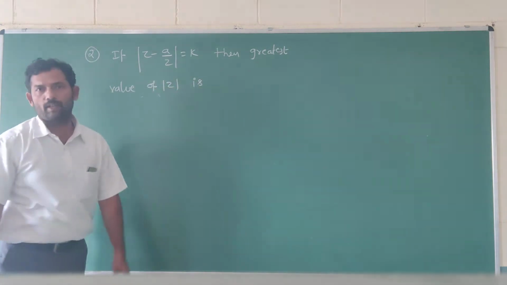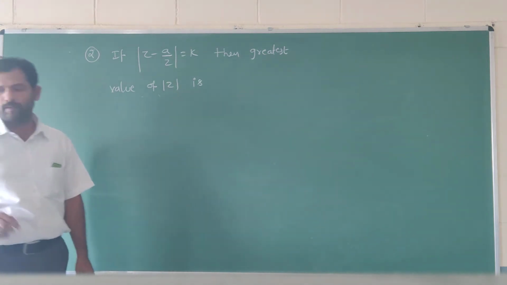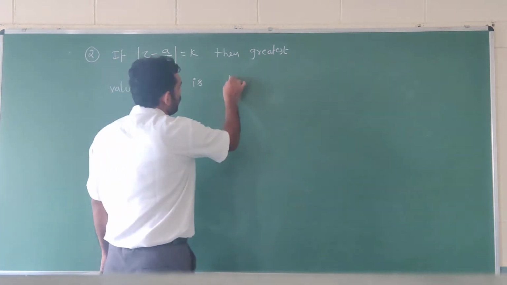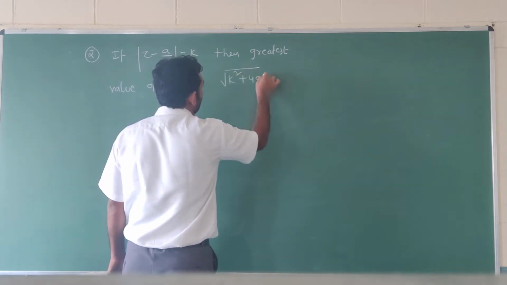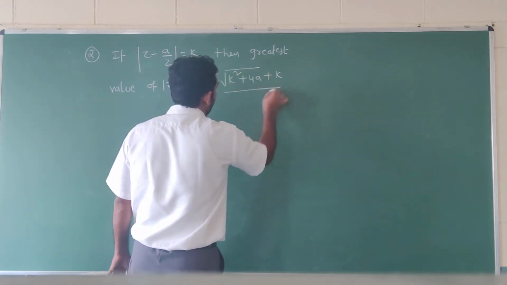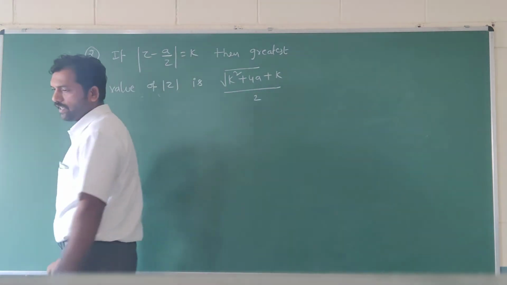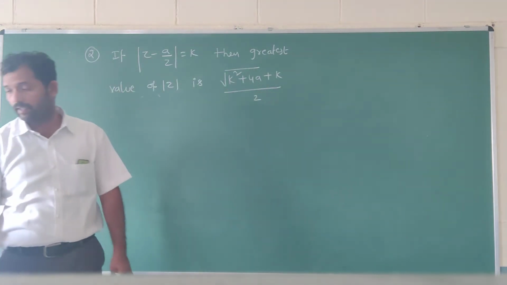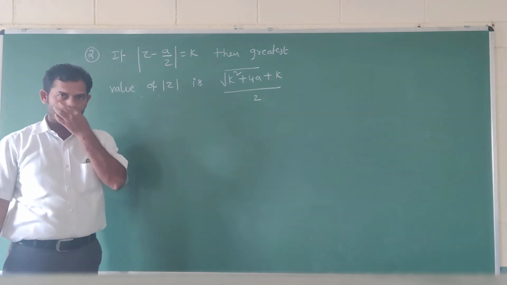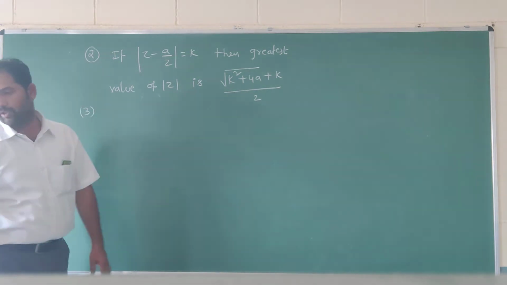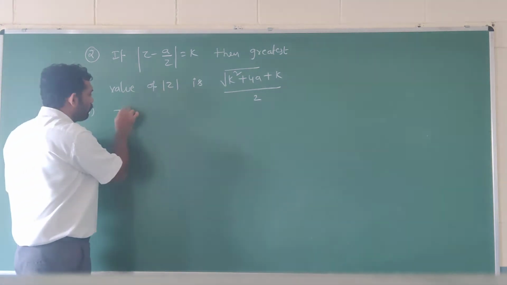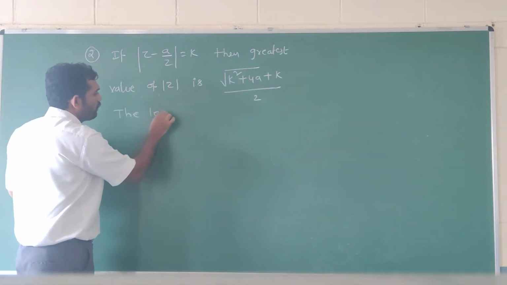For this, the formula is root of k square plus 4a, plus k, divided by 2. So third point, same concept: the least value of modulus of Z.